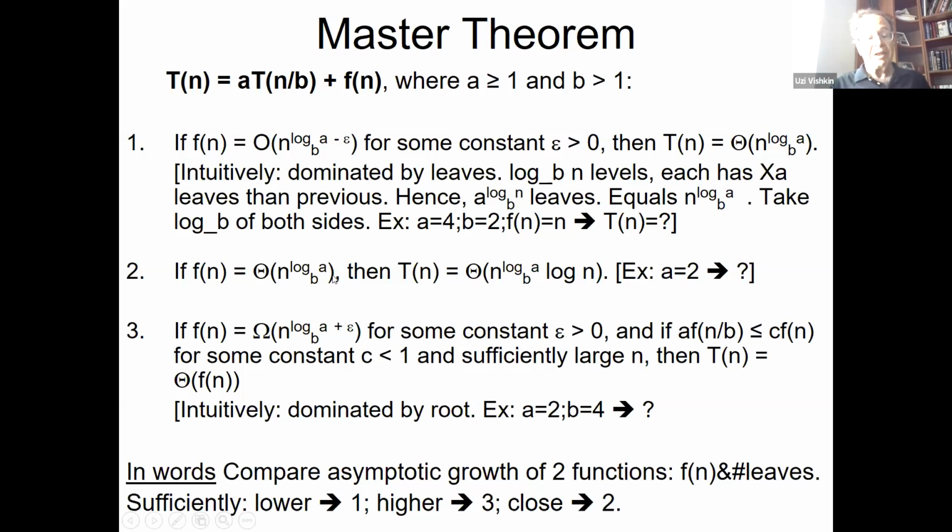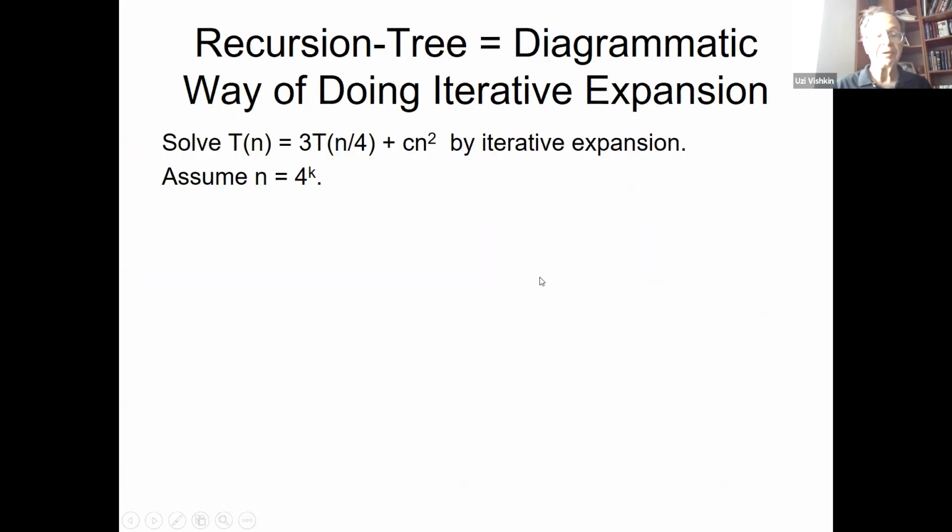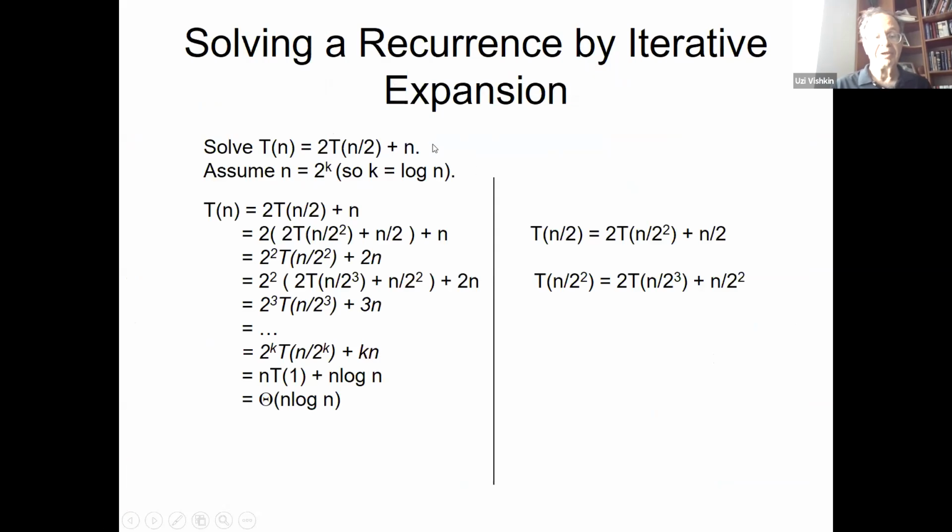This case is where f(n) and the number of leaves are on the same order. In this case, we have the extra logarithmic factor. This is exactly the case we saw here, where the number of leaves evens out with this n, and for that reason, at every level, you have an n contributed on the side.